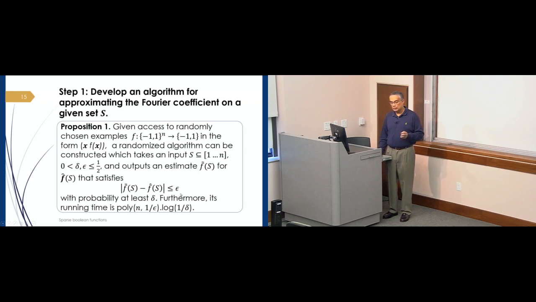So that's the first part. Furthermore, its running time is polynomial in n, 1 over epsilon, and the log of 1 over delta. Okay? So these are the basic parameters that we want, and later on we will see that it's fairly easy to conclude that that would be a polynomial time algorithm in the parameters that we do care about.